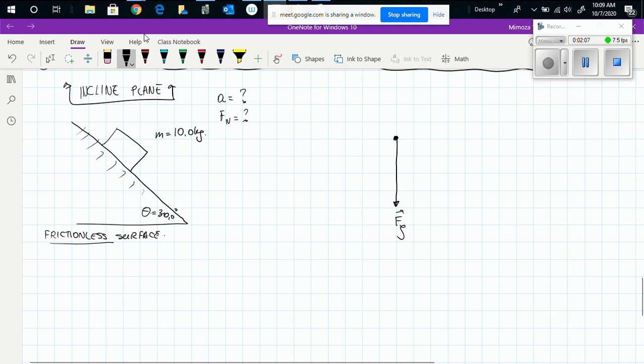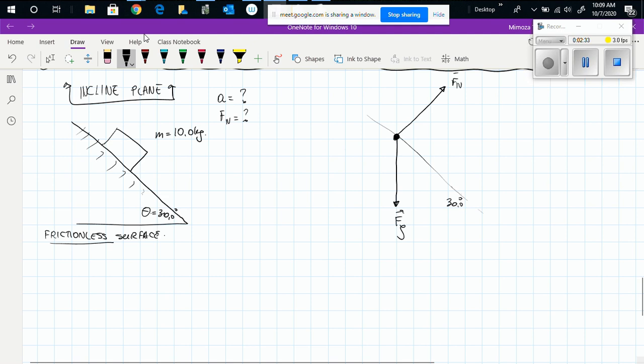So the force of gravity is going toward the center of the Earth. The surface is creating a 30-degree angle with the horizontal. And then since the object is in contact with the surface, we have force normal, which is always perpendicular to the surface.